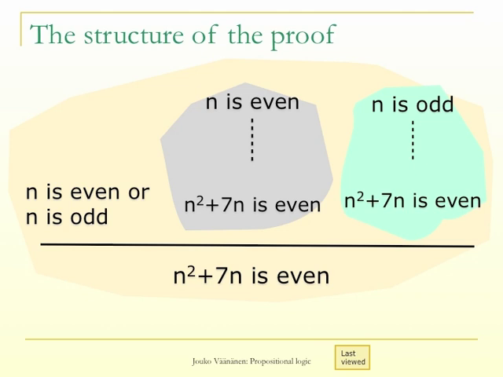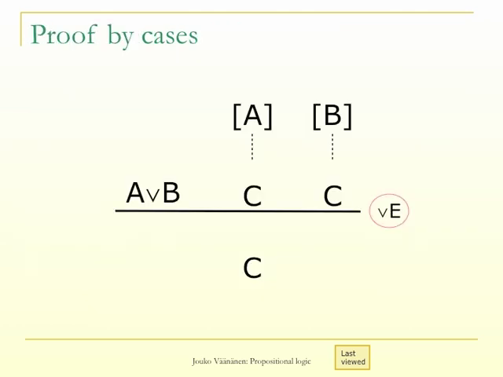And that is all we have to do. We are convinced that n squared plus 7n is even, whether n is even or odd. Proof by cases.